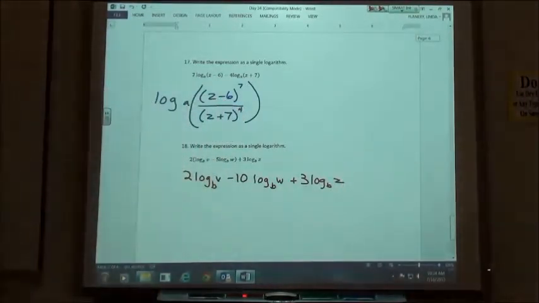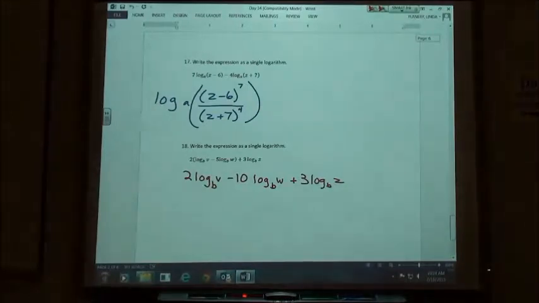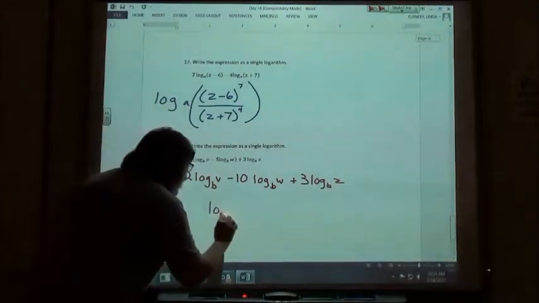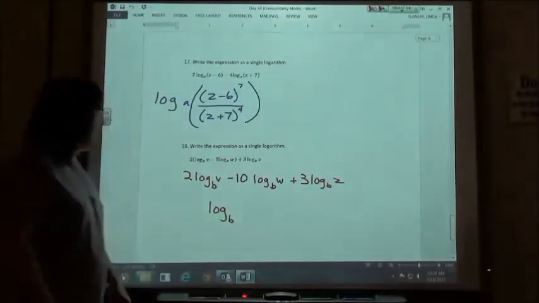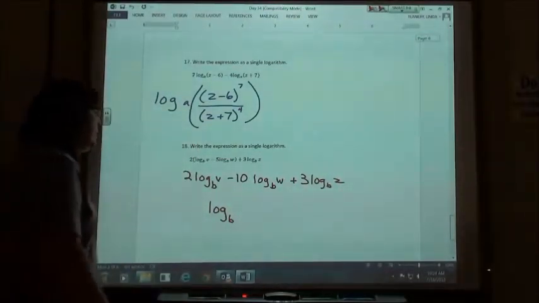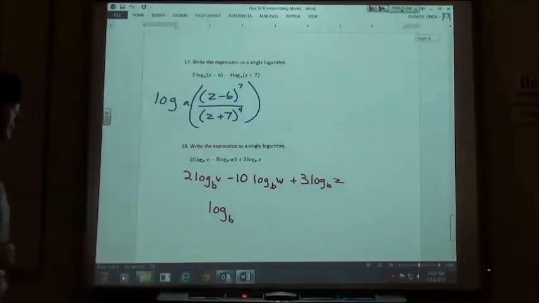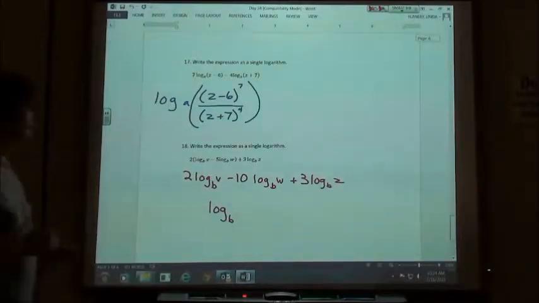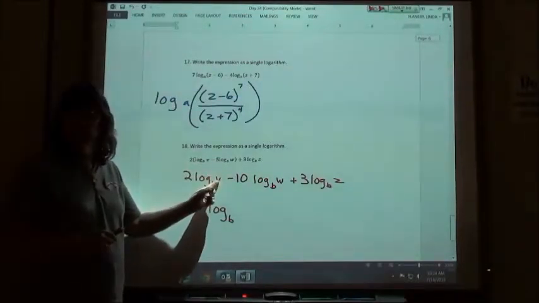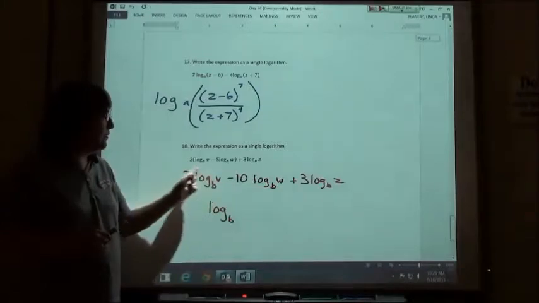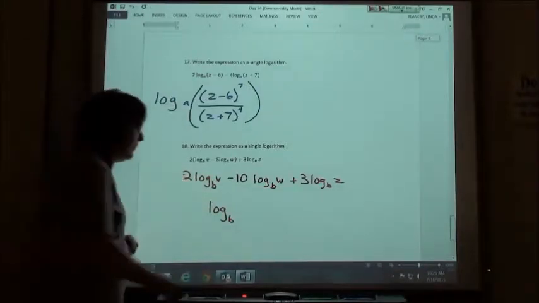Now I can go ahead and put it together. So I would end up with log base b of v to the 2nd power, right?